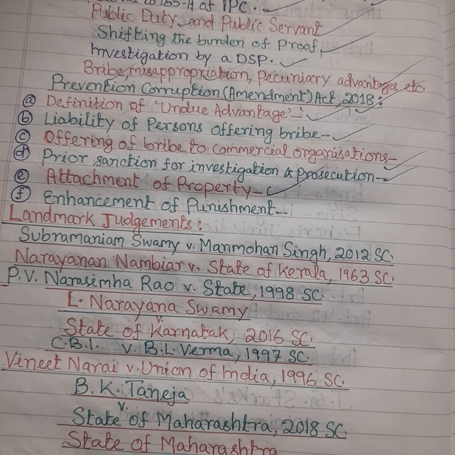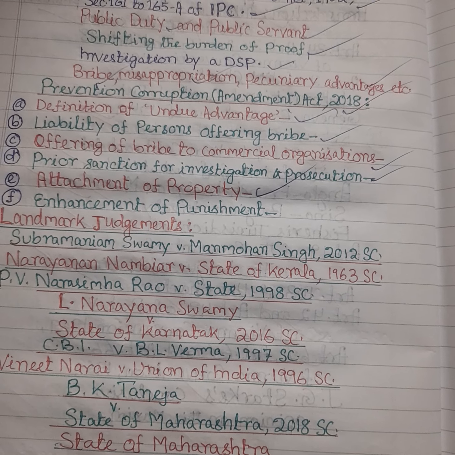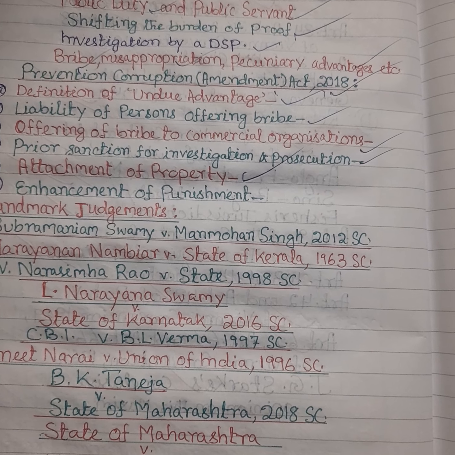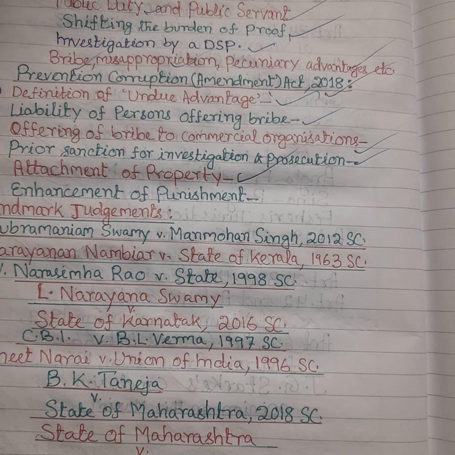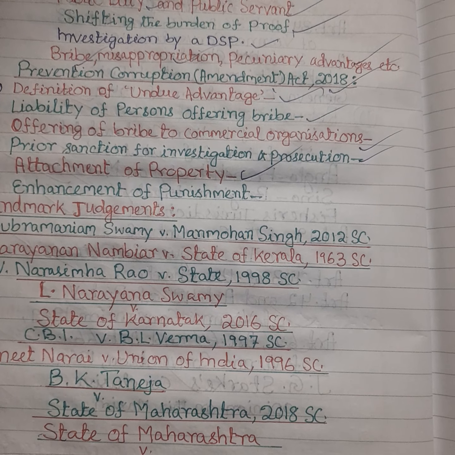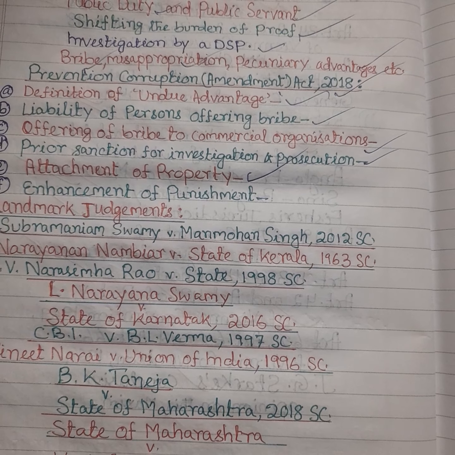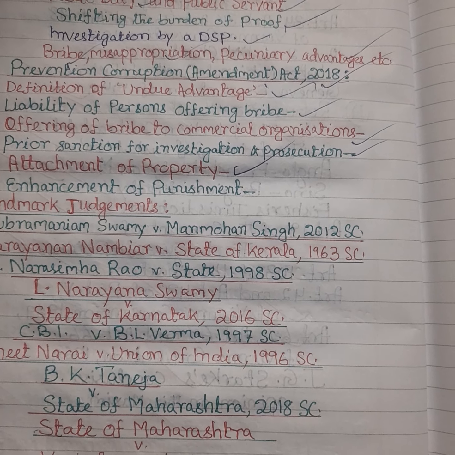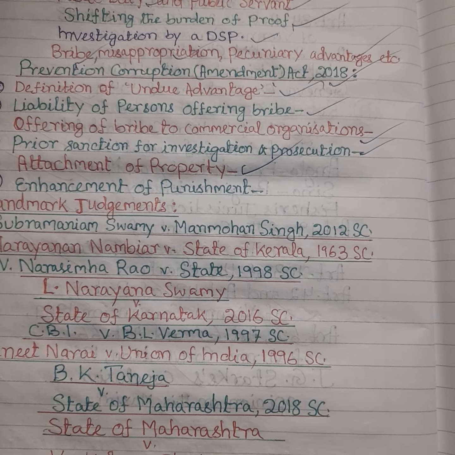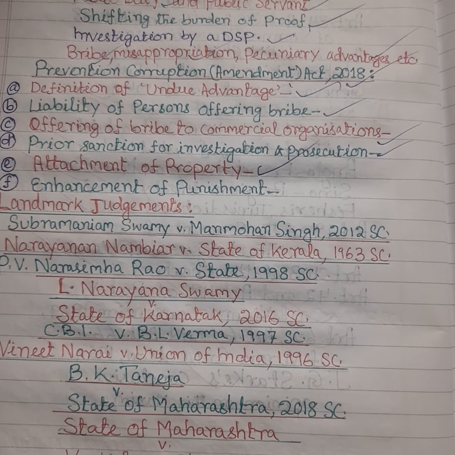The Amendment Act has also provided for application of the Prevention of Money Laundering Act 2002 and the Criminal Law Amendment Ordinance of 1944 for attachment and administration of property procured by means of an offense under the Prevention of Corruption Amendment Act of 2018.